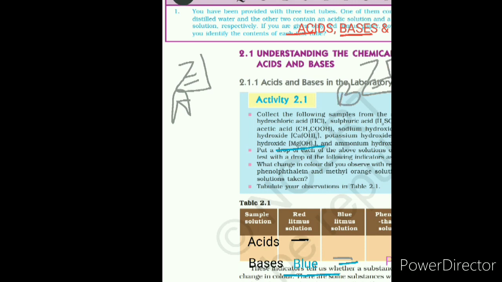When we add phenolphthalein to acids, the color does not change.